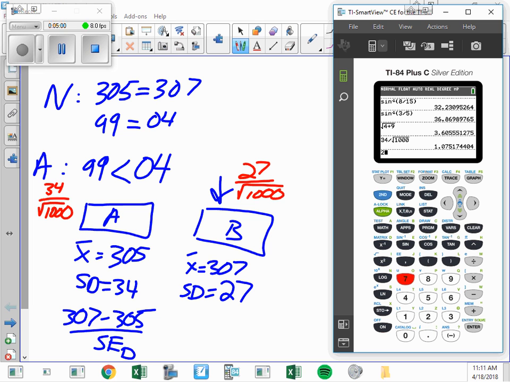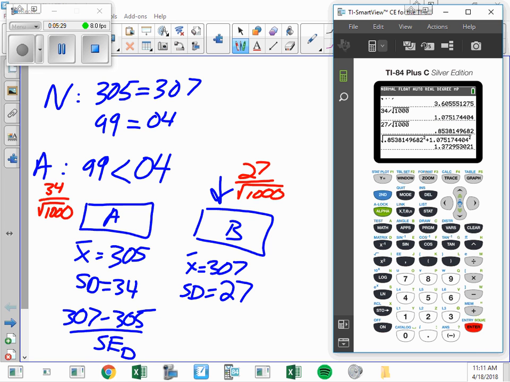What do I do with those two numbers? Square them, add them together, and take the square root. So we'll do this number squared plus this number squared.